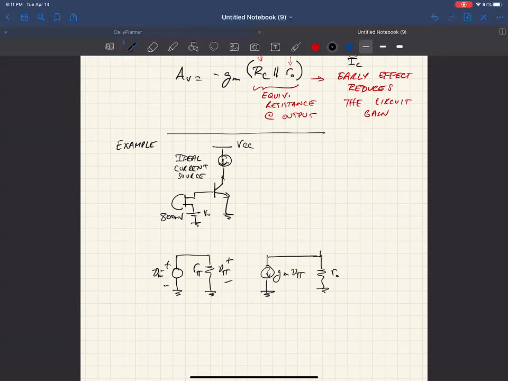And then, okay, so now the question is, this is the small signal model. So what do we do with the small signal model of a current source? So we said that whenever we're working in the small signal domain, we take whatever's in the large signal domain in terms of supplies and so on, and whatever is not being modulated, we basically zero out.